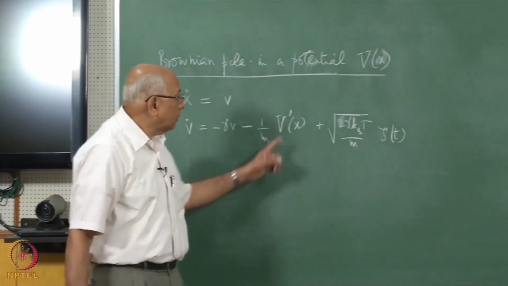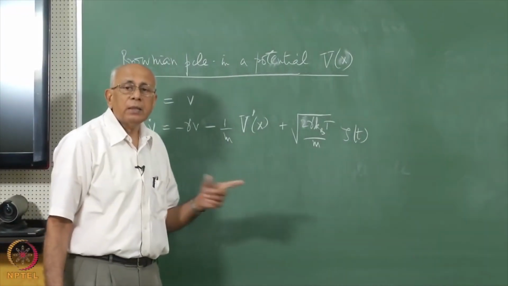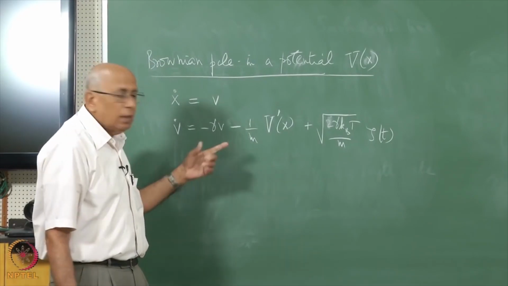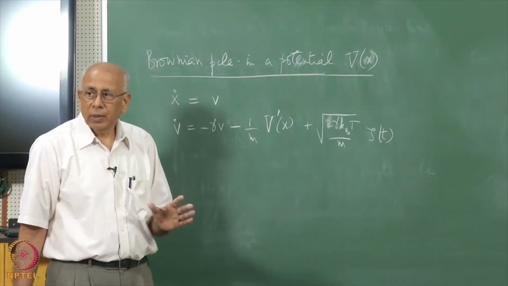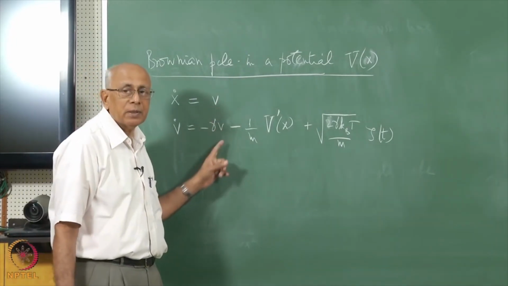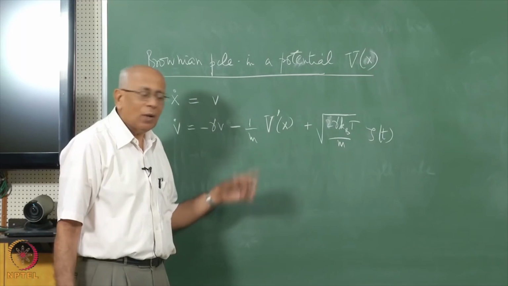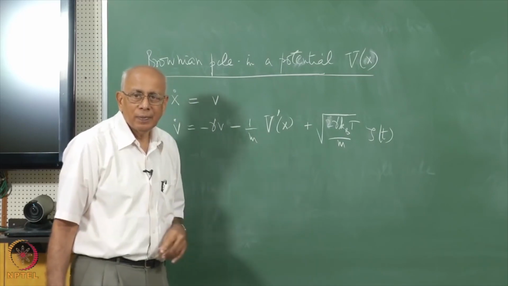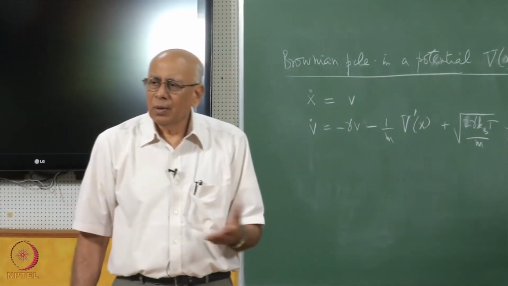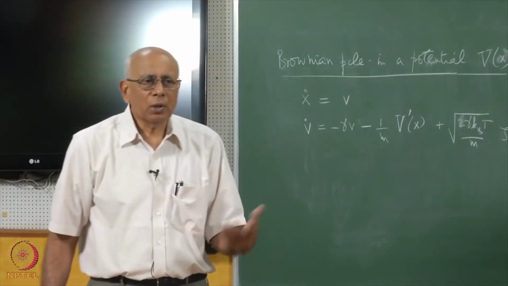The introduction of this V prime of x makes the equation of motion non-linear. Earlier, in all the cases we looked at, the equation of motion was linear in the dynamical variables. There was an external noise, but now that is gone, unless V of x is either a constant or a linear function or a quadratic function.